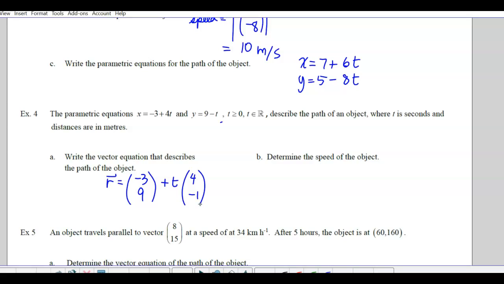And if that equation is describing the path of an object, then your direction vector is your velocity vector. So the speed will be its magnitude. Just leave it as exact unless it asks to round.